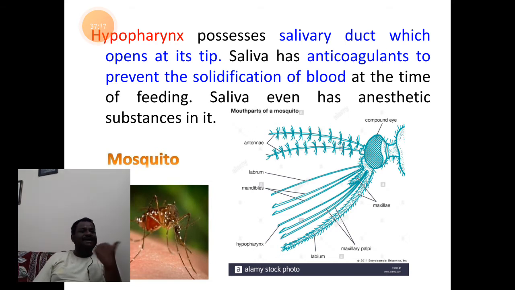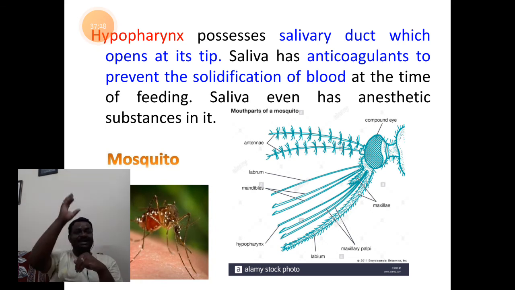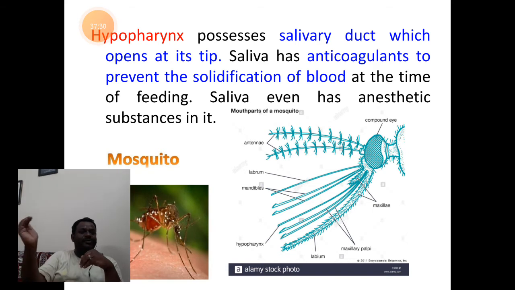Now, the next important part, the last part, is hypopharynx. Here, the salivary duct is associated with this part because it is a tongue. You have seen hypopharynx at the base in the cockroach, with the attachment of the salivary duct. Similarly, here also, the salivary ducts open here. When mosquitoes suck the blood, especially the female mosquitoes, the saliva produces anticoagulants as well as anesthetic substances to prevent the solidification of blood.